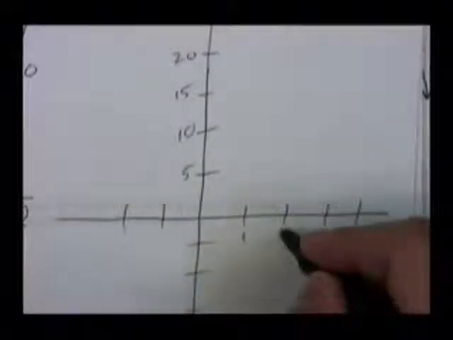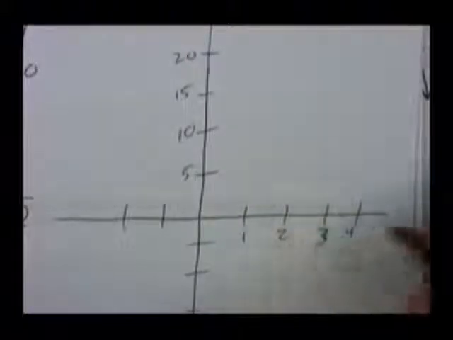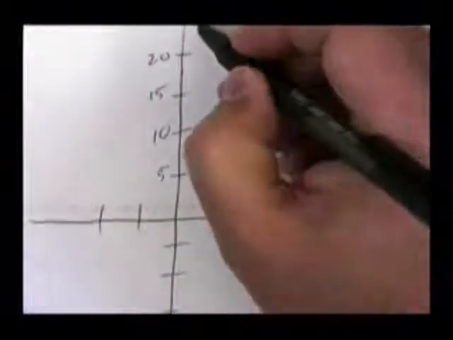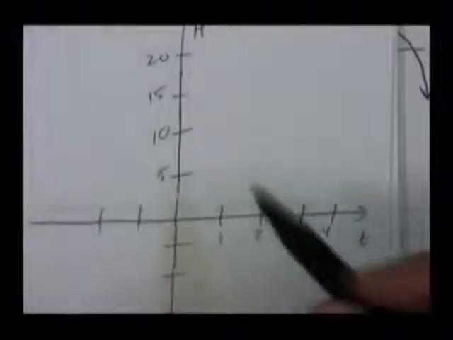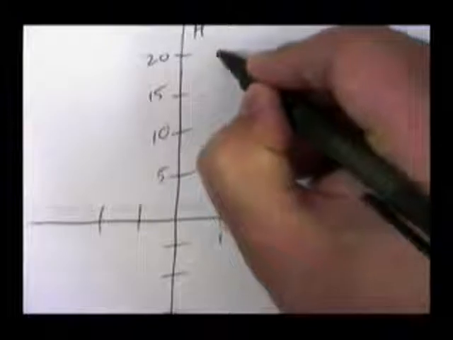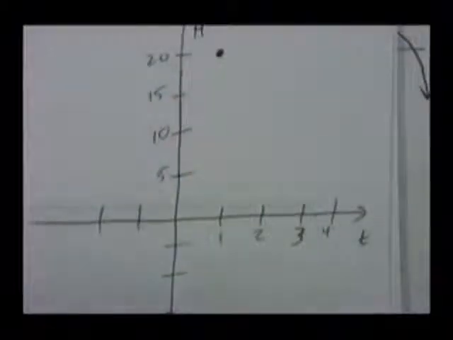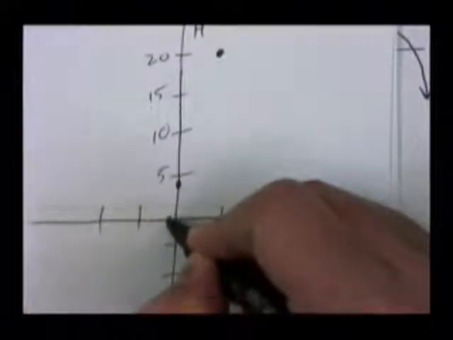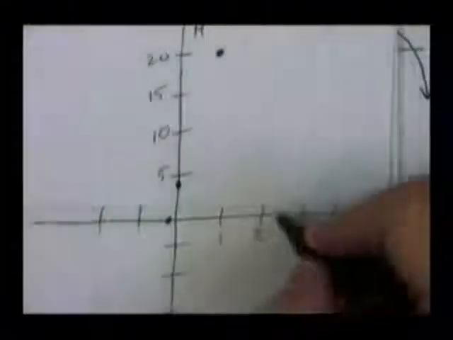So here is my t's, and up here is my h's. Okay. So my vertex was (1, 20). So that's up here. My h-intercept is (0, 4), so that's about right here. My t-intercepts are negative 0.12, so about there. And then 2.12, so about there.